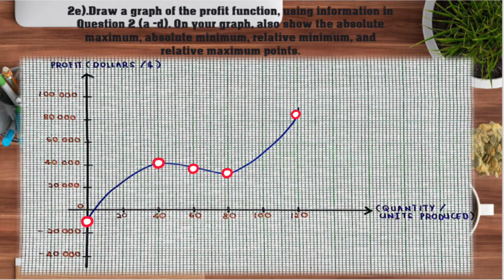The point of absolute minimum is 0 and negative 10,000. Next, the relative maximum is 40 and 43,333.33. The inflection point is 60 and 38,000.